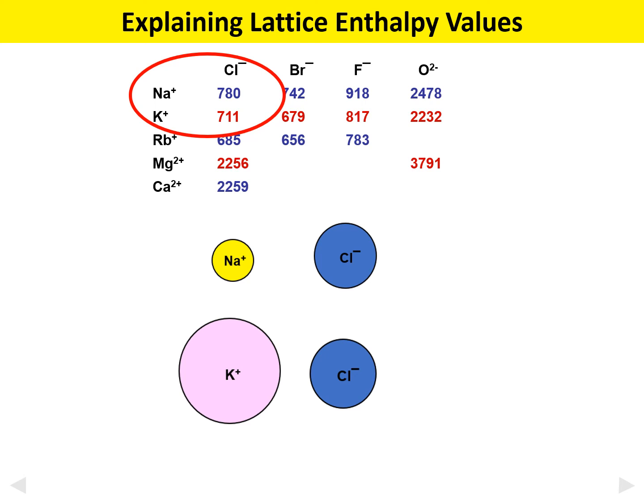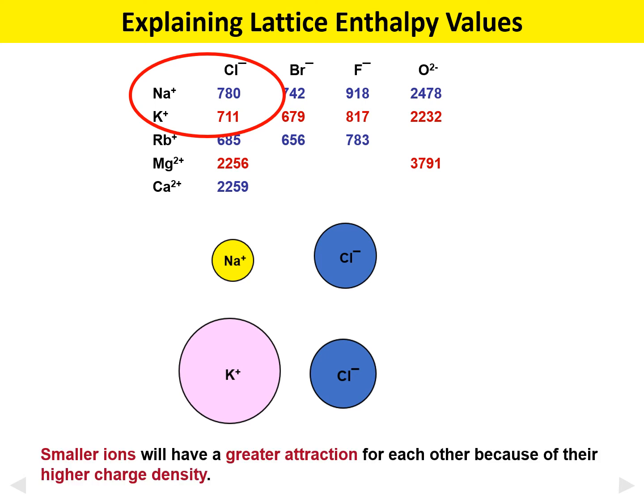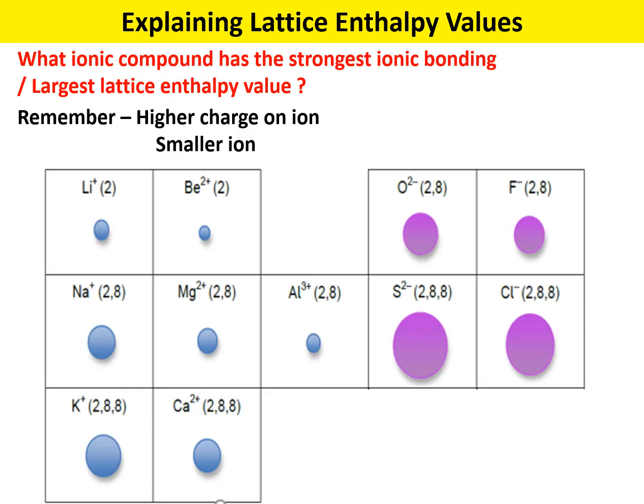Smaller ions are more closely packed in the lattice and so are more attracted to each other. Ions with a high charge are more attracted to each other as well. So smaller ions will have a greater attraction for each other because they have a higher charge density. If we have a look at the following table, we can see which combination will give us the strongest ionic bonding.